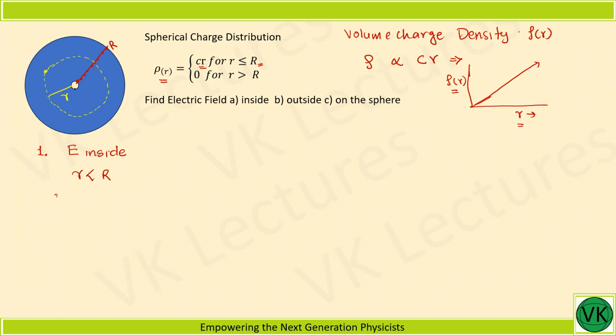Applying Gauss law, the integral of E dot ds equals q enclosed by epsilon naught. The electric field is constant at distance r, so E into ds gives 4 pi r squared.